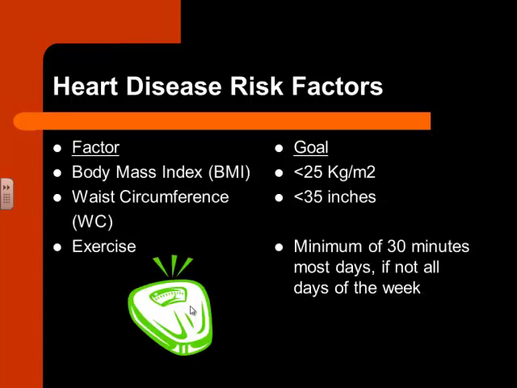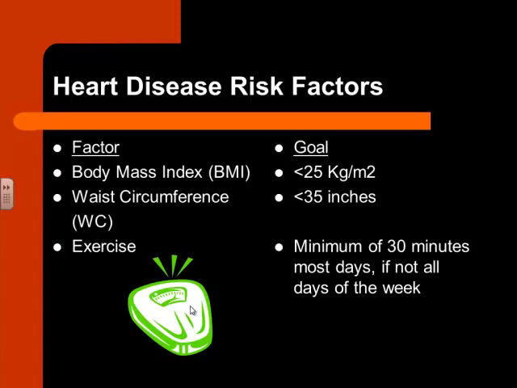So the factors here: the body mass index, the waist circumference, and then exercise. The body mass index is BMI, and that should be less than 25. And then waist circumference should be less than 35 inches for women and less than 40 inches for men.